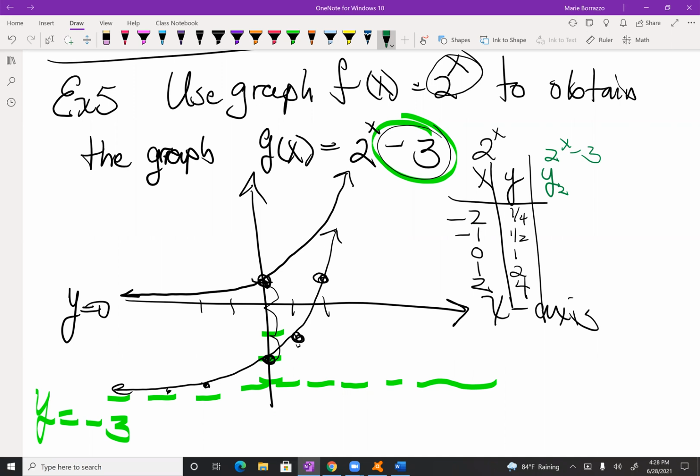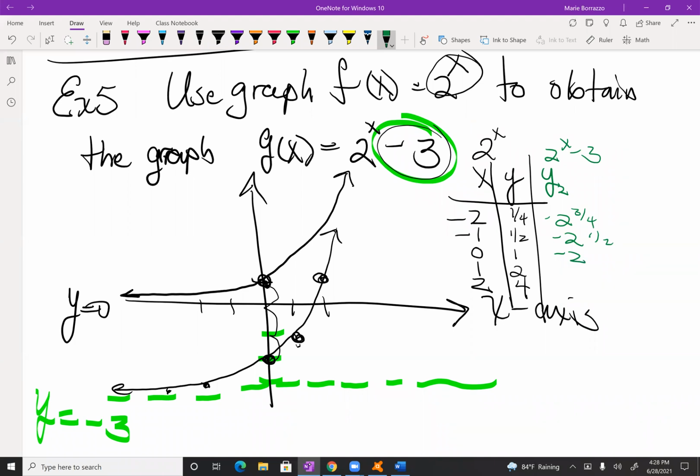So this will become -2 3/4, -2 1/2. This will become down 3. So this will become -2 itself.